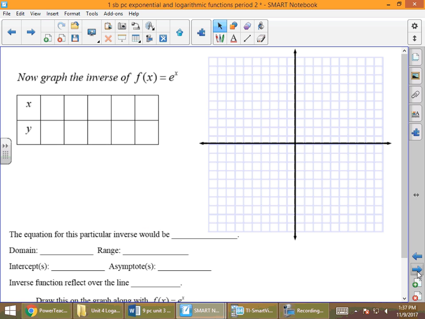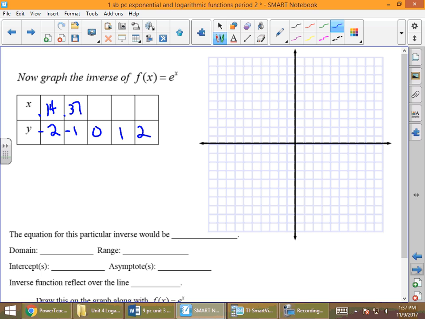So when we come over here to graph this, I'm going to have 0.14, negative 2, negative 1, 0, 1, 2. And then we have the 0.37, the 1, the 2.7, and the 7.4.